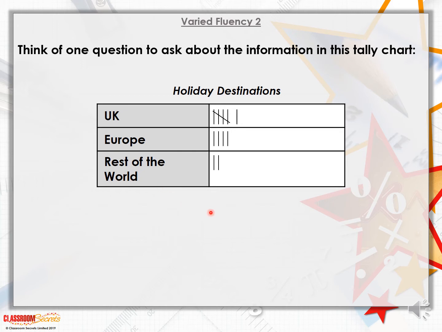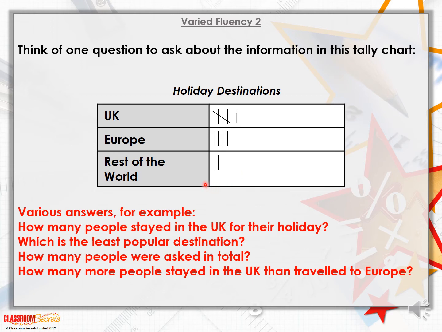Okay, let's see if you managed to think of a question. Now, there are many different answers for this. So it says here, we've got various answers. For example, how many people stayed in the UK for their holiday? I can get the answer to this question because all I have to do is look at the UK in the information here, and it's about the holiday destinations.